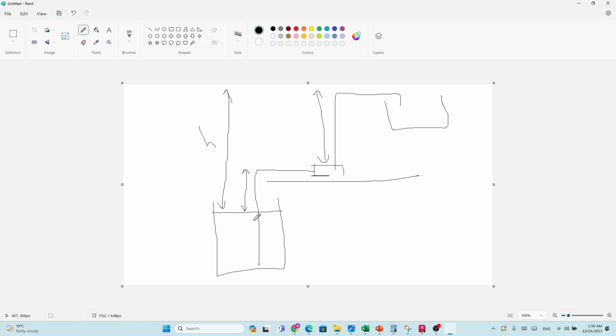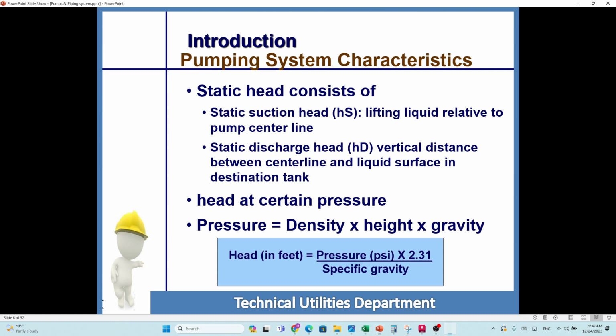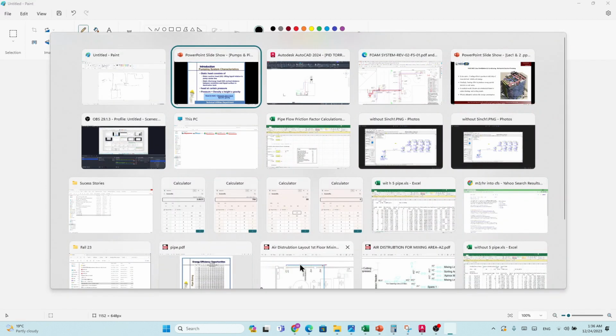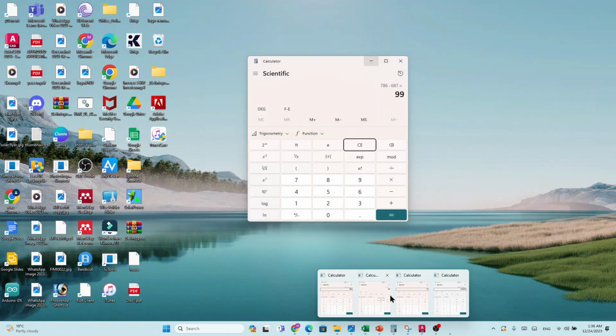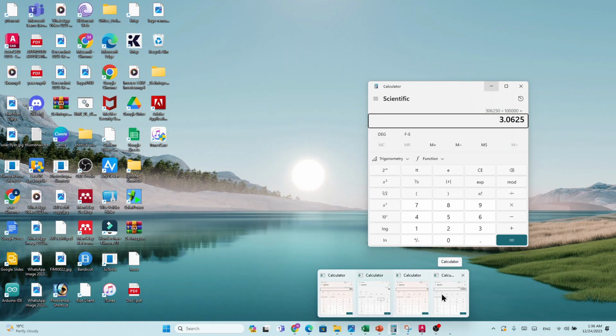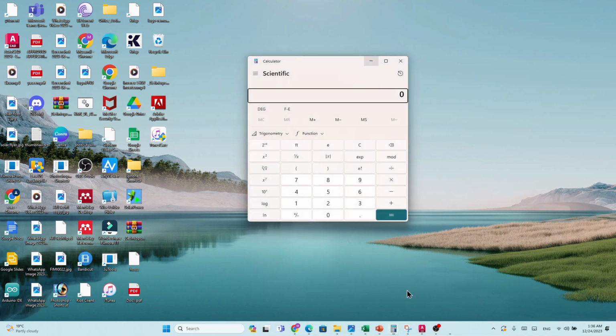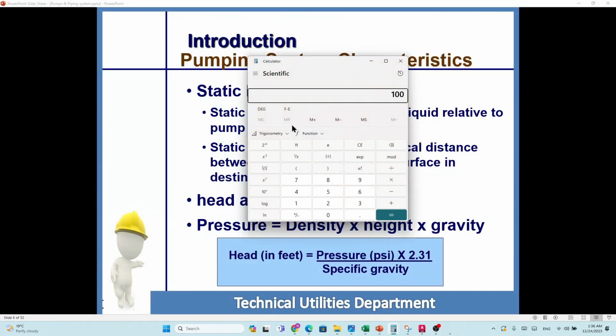For a simple example, if you need to transfer water from, like, 100 meters, what pressure should the pump produce to drive this water from this point to this point? By the simple formula, P is equal to rho g h. So we have a height of 100 meters multiplied by 9.8 gravity multiplied by the density of water, 1000.